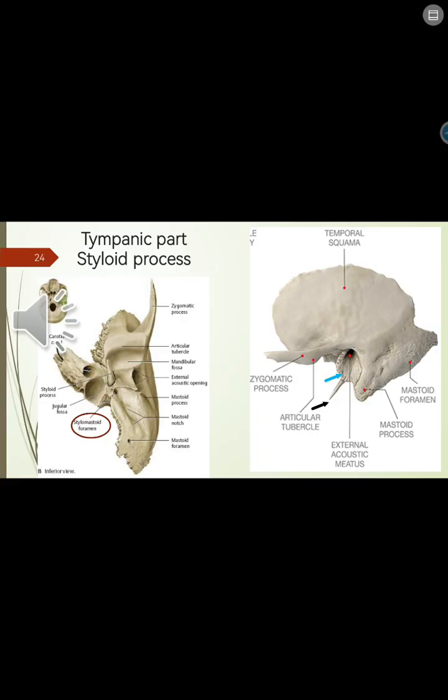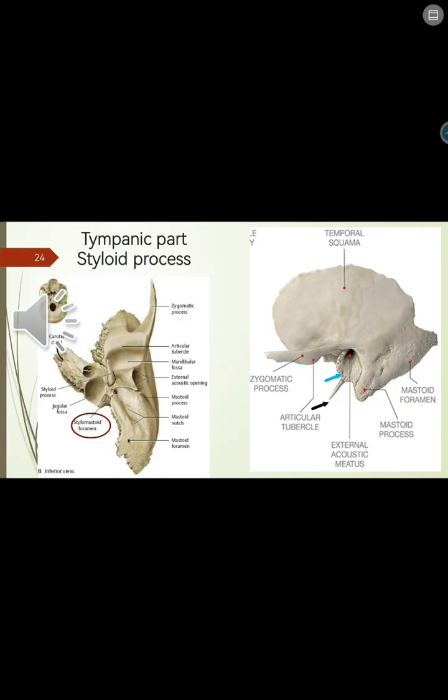The inferior border of the tympanic plate is sharp and shapes a sheet around the styloid process. It is named the vaginal process. We have a foramen here named the stylomastoid foramen that transmits the facial nerve and stylomastoid artery.